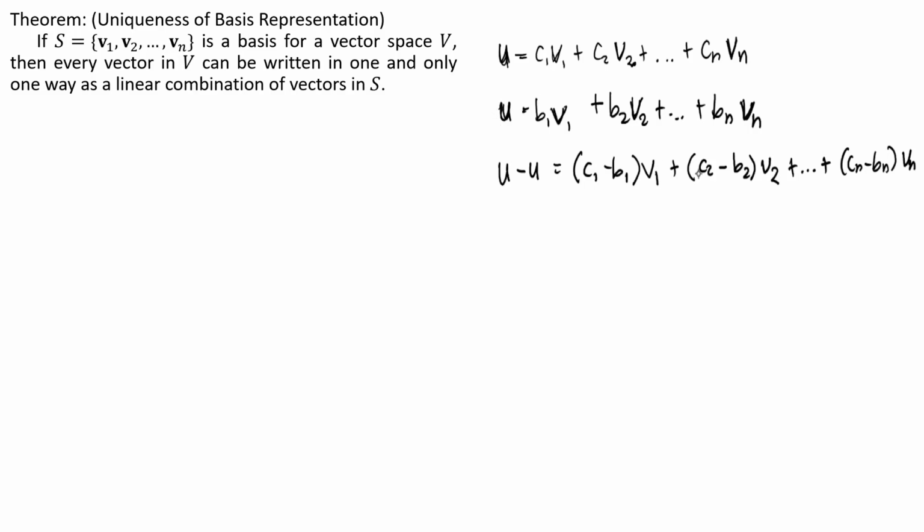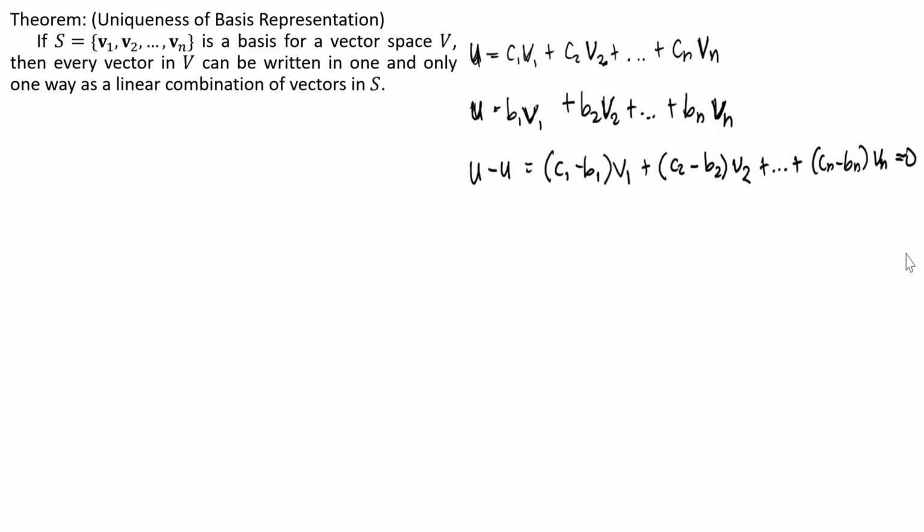And then we subtract the second equation from the first equation. So this is equal to 0, again the zero vector. Now, since S is linearly independent, the solution to this equation is trivial. That is, c sub 1 minus k sub 1 is 0, c sub 2 minus k sub 2 is 0, and so on, up to c sub n minus k sub n equals 0.